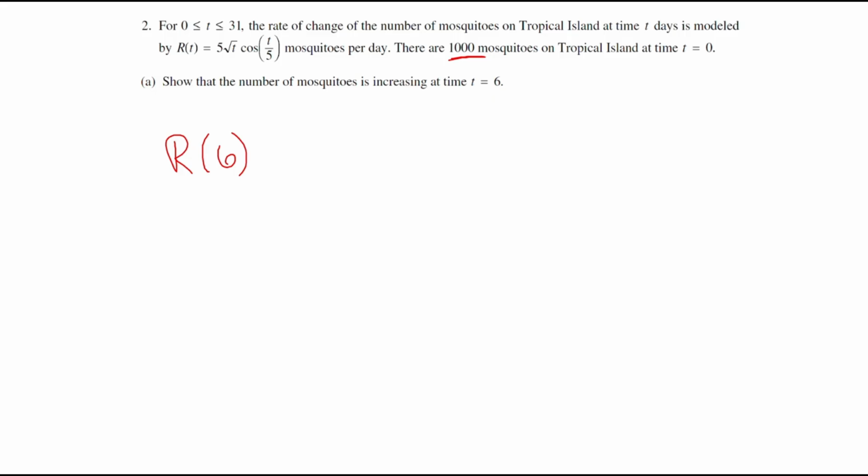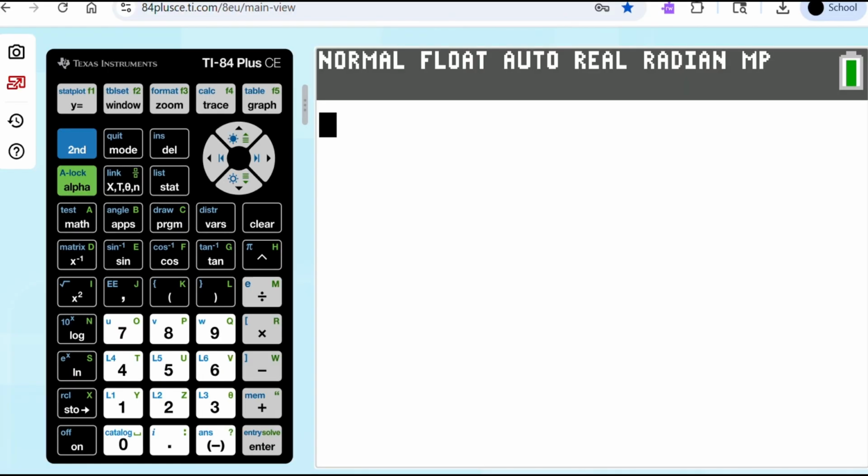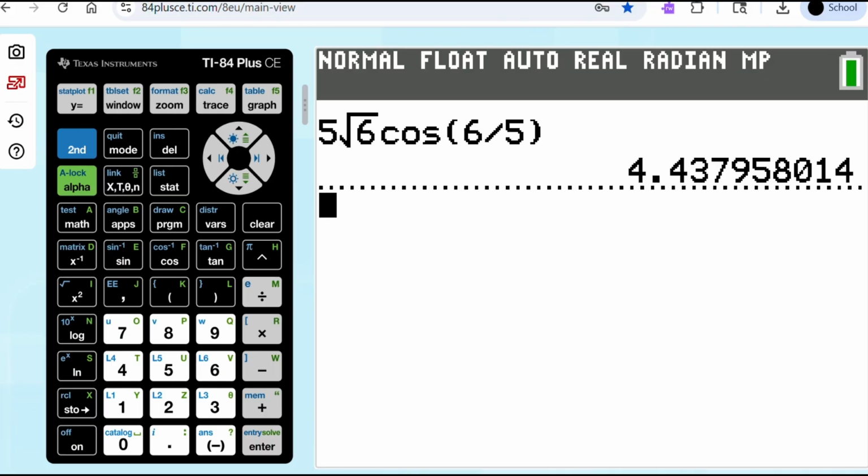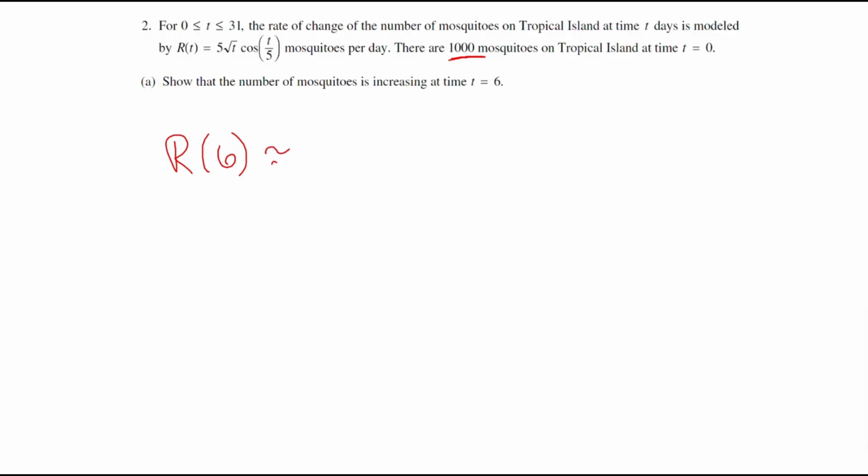Since this is a calculator question, I'm just going to input 6 into my function, 5 square root of t times the cosine of t over 5, so 6 over 5. We'll see that that comes out to be 4.438 if we round it, which is greater than 0.